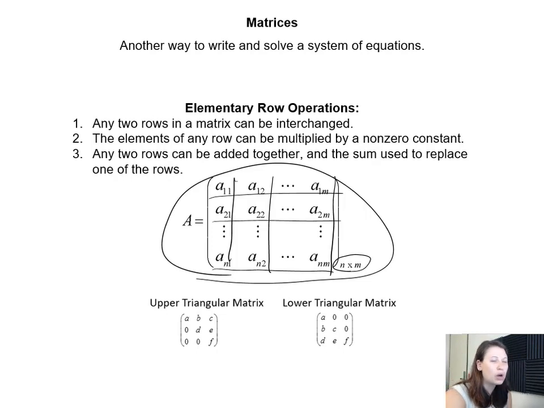Then the row operations we can do. Any two rows can be switched. They can switch places. Okay? Then any row can be multiplied by a non-zero constant. Any number you choose, you can multiply it, just can't be zero. Okay? Then any two rows can be added together, and then it can replace one of the rows.